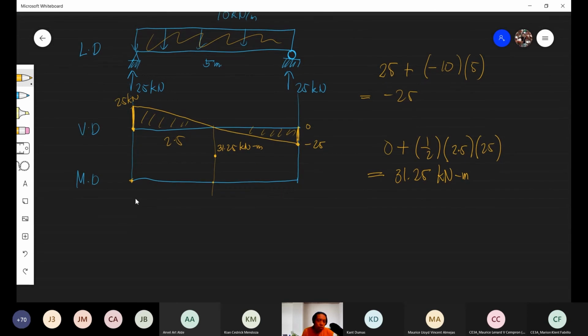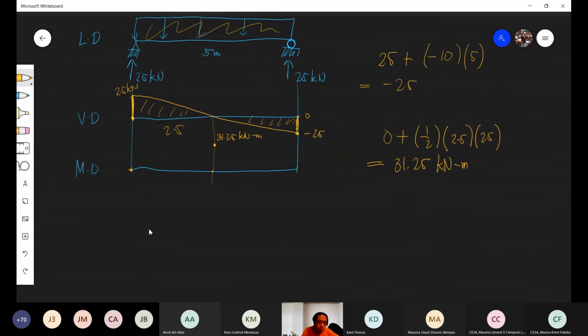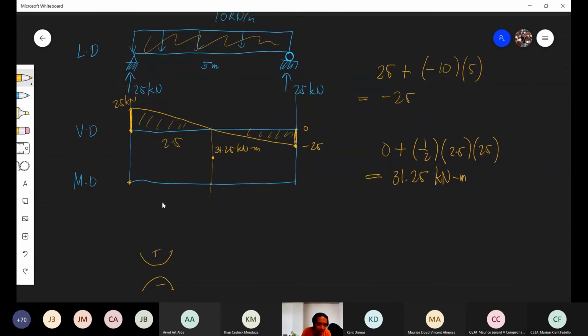If the previous curve is increasing, the curve is concave upward, a smile. If decreasing, it is concave downward, a sad face. Look, from 25 kilonewton it becomes 0.